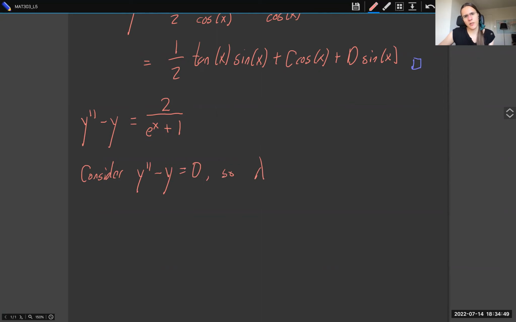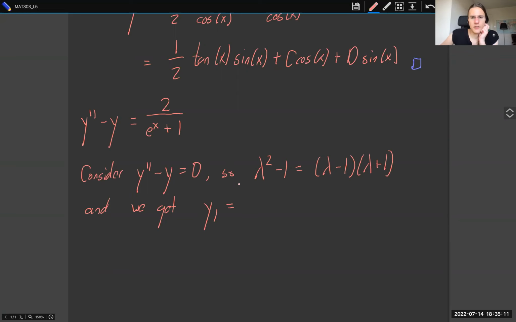So we consider lambda squared minus 1, which factors as lambda minus 1 times lambda plus 1. And we get y1 is equal to what? E to the x, yeah, and then the other one would be e to the negative x.